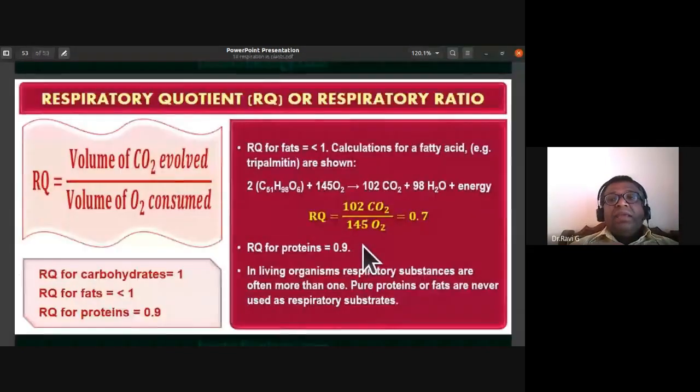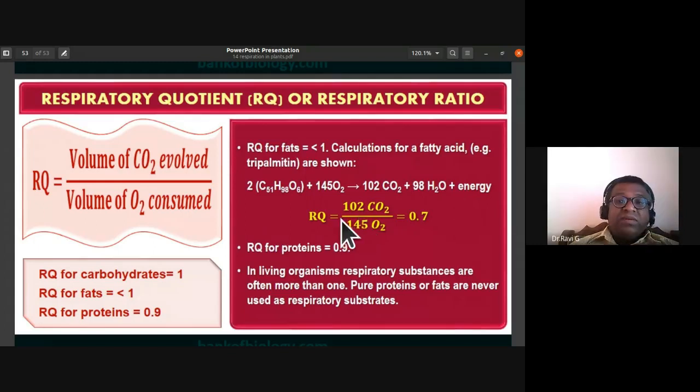Now, the respiratory quotient for fats is always less than 1. The calculation for a fatty acid, say tripalmitin, is shown. Tripalmitin, C51H98O6, plus 145 oxygen gives 102 carbon dioxide plus 98 molecules of water.